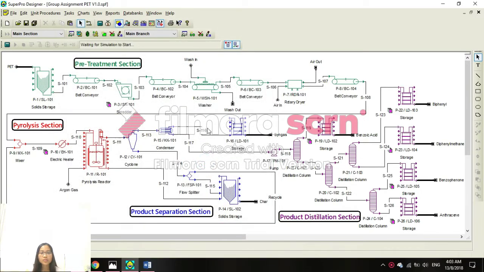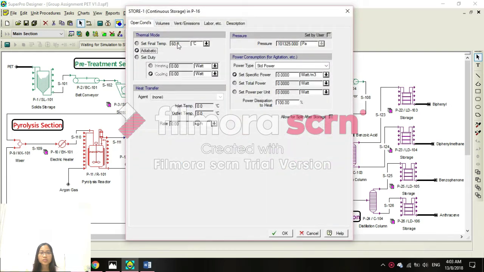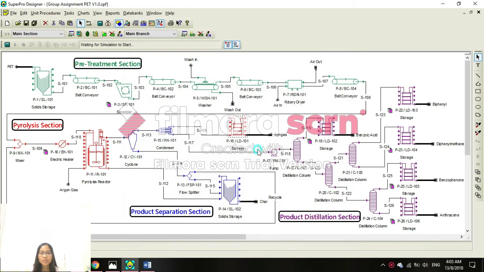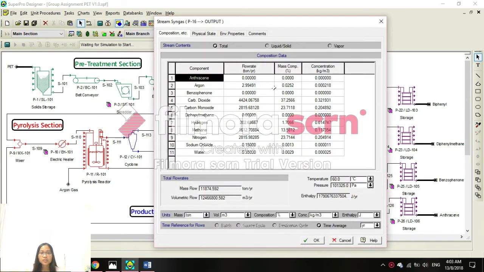Next, the top outlet of the condenser is sent to a storage. The thermal mode of this storage is set at adiabatic, and the product of the storage is syngas. Syngas consists of carbon dioxide, carbon monoxide, hydrogen, methane, and nitrogen.